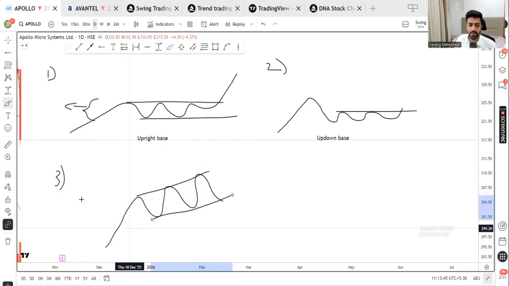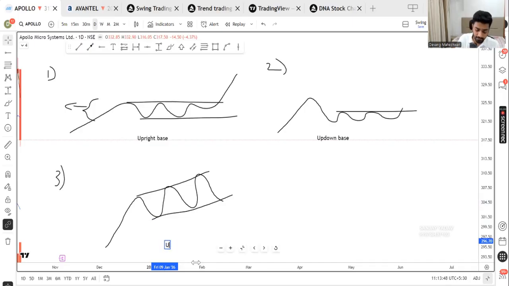Okay, this is the third kind of base that is found up there. This is called upslope base.